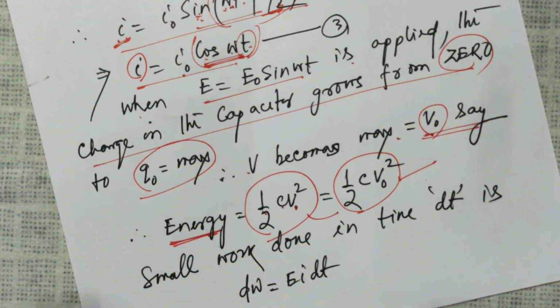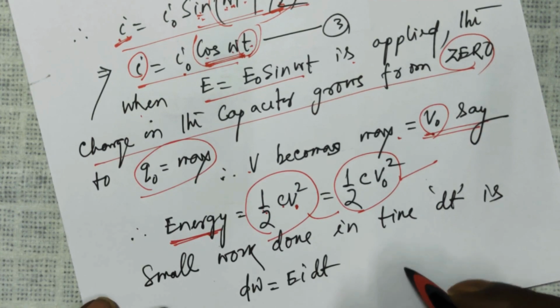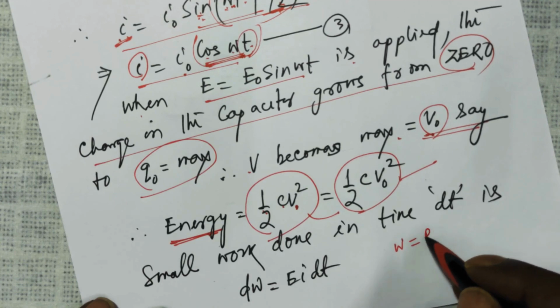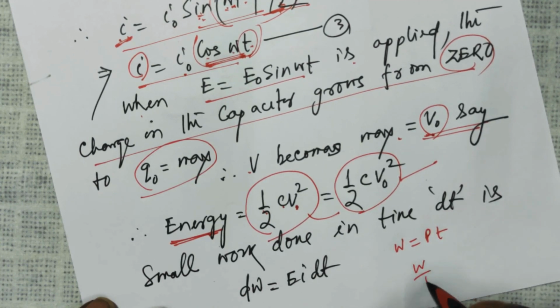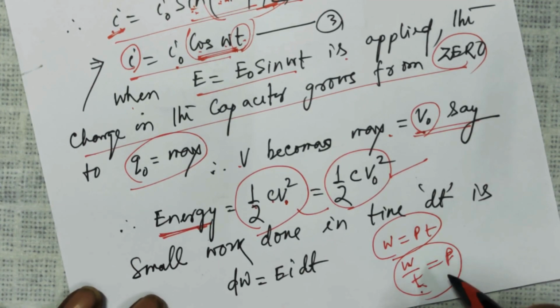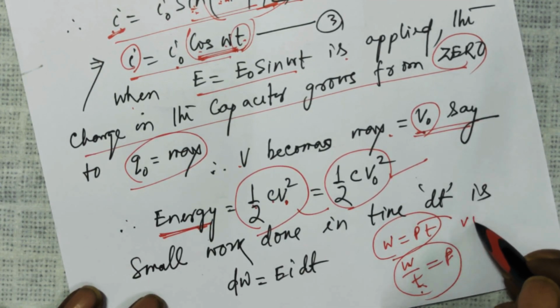So let us find out how much work is done by the external source in charging the capacitor. Now, work is equal to power into time, because work done divided by time is equal to power. So by cross multiplying this, work is equal to power into time. Now, power in current electricity, which we derived, was equal to VI.